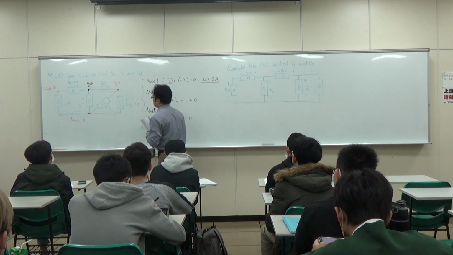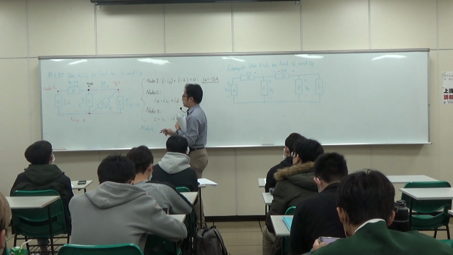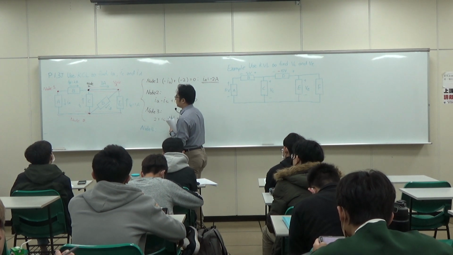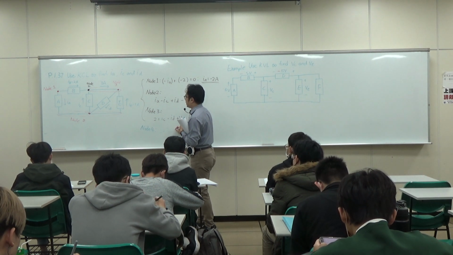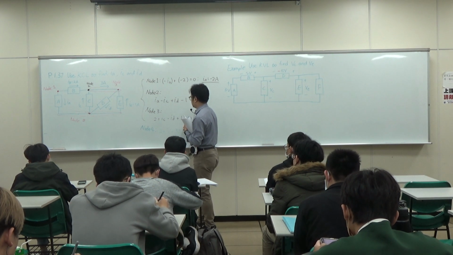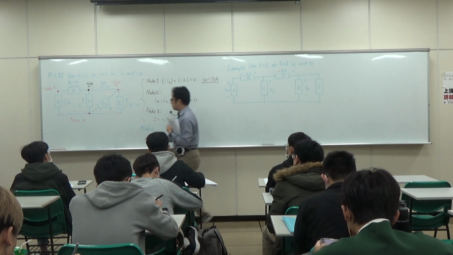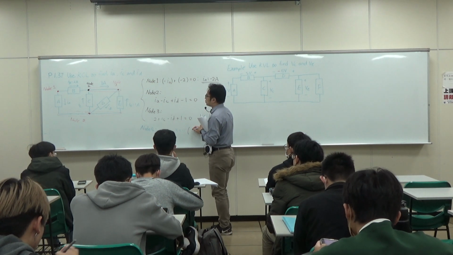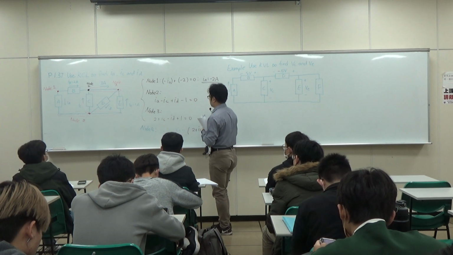the summation of current flowing into node 4 equals 0. So 2 plus IC, they are all flowing into node 4 minus 3A is 0. Okay? It's equivalent to 2 plus IC equals 3.